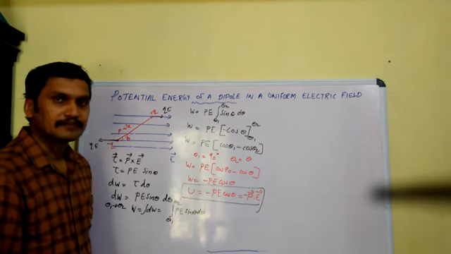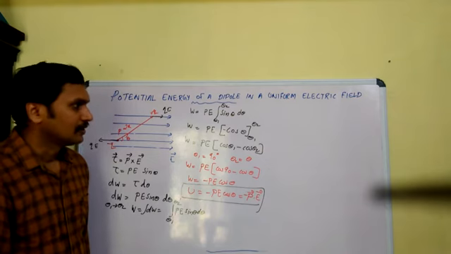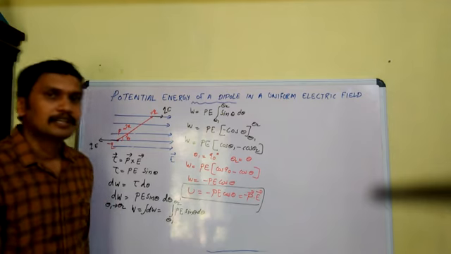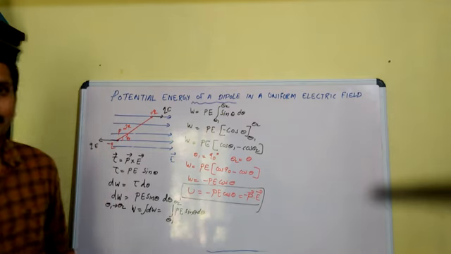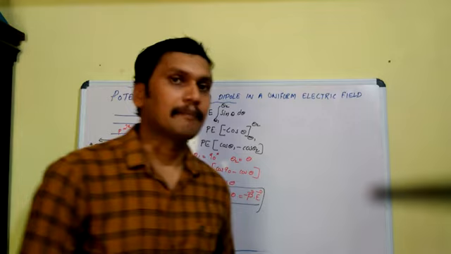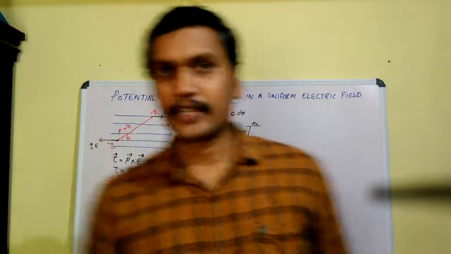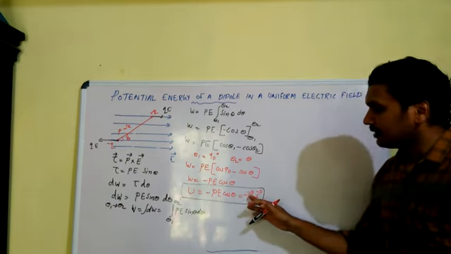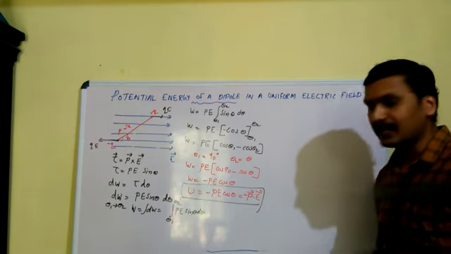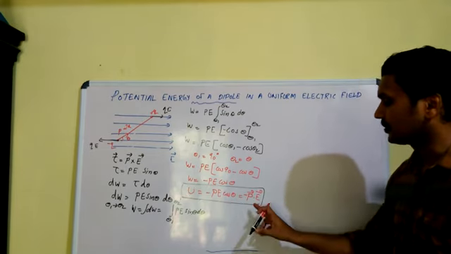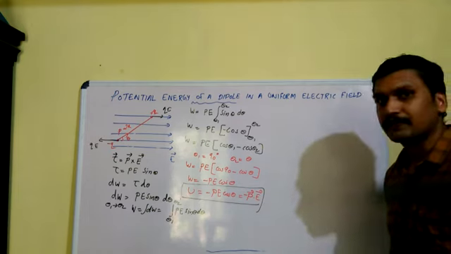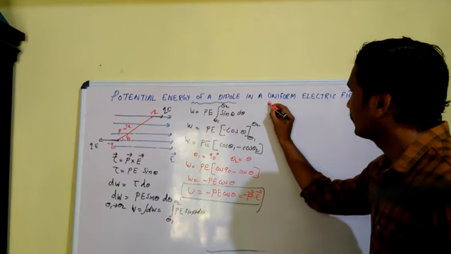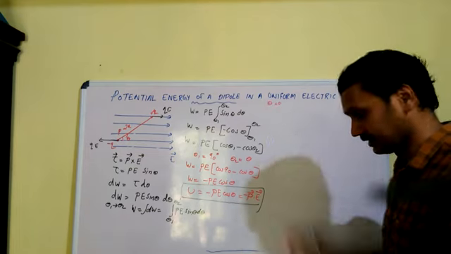Let us see at what alignment or position the potential energy of the dipole is minimum and maximum. Suppose the angle between the electric field and dipole moment is 0 degrees, that is, theta is equal to 0.